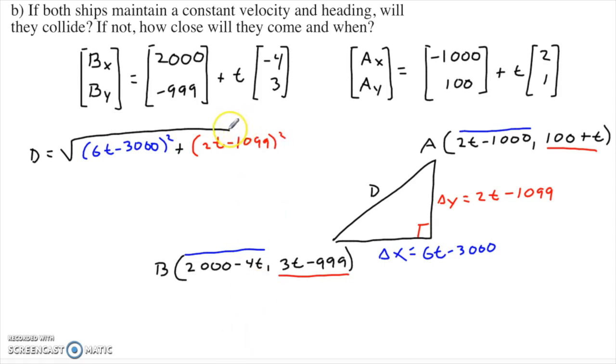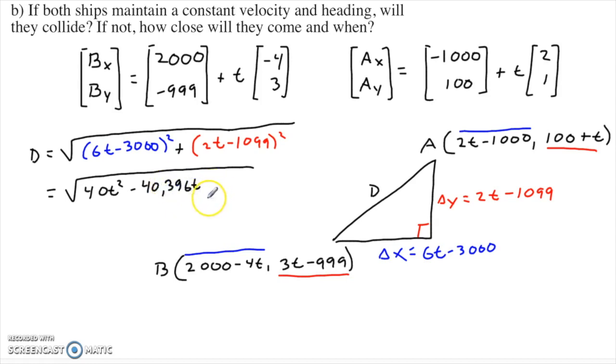Now you can distribute that out and turn it into a quadratic. If you do that, what you'll find is that when you simplify, the distance is the square root of 40t squared minus 40,396t plus 10,207,801.